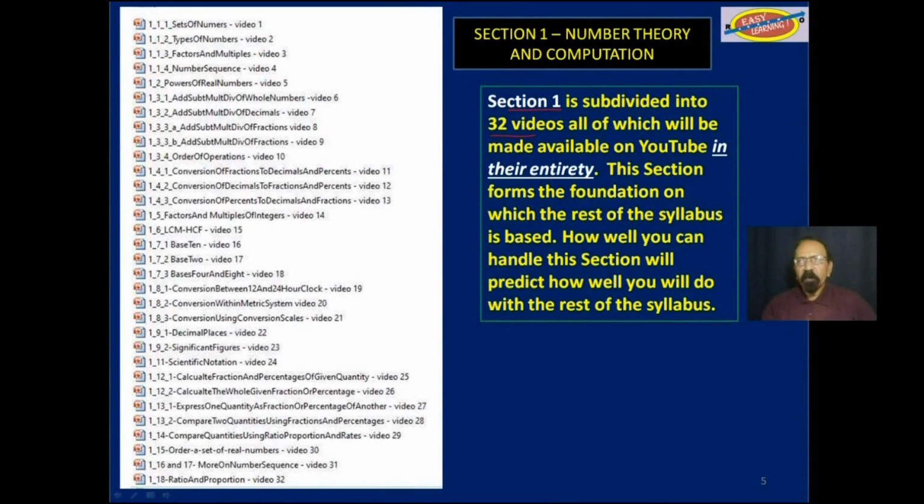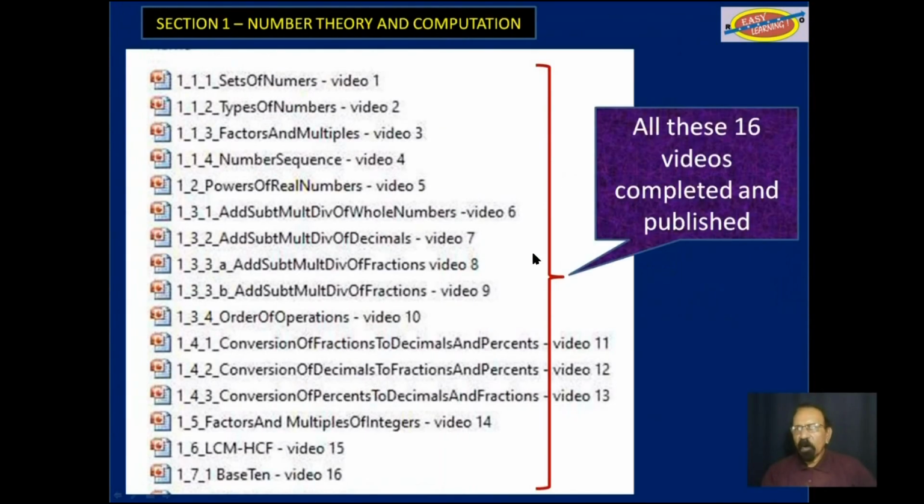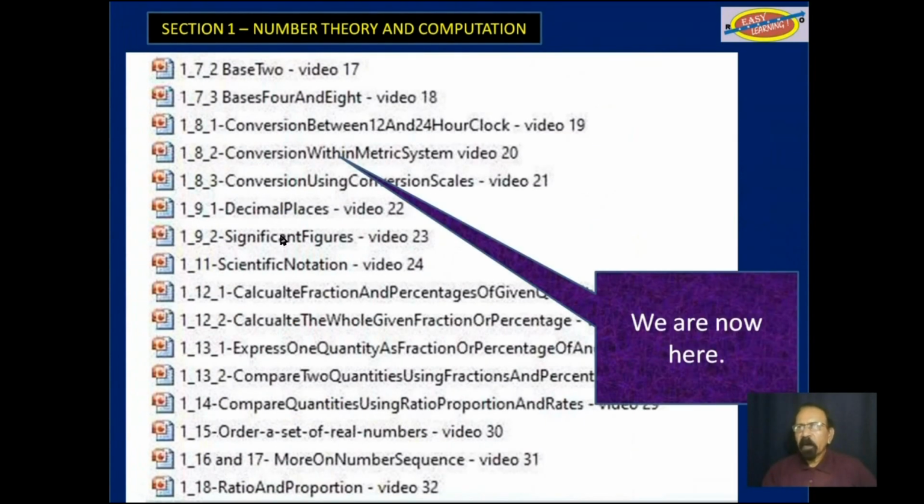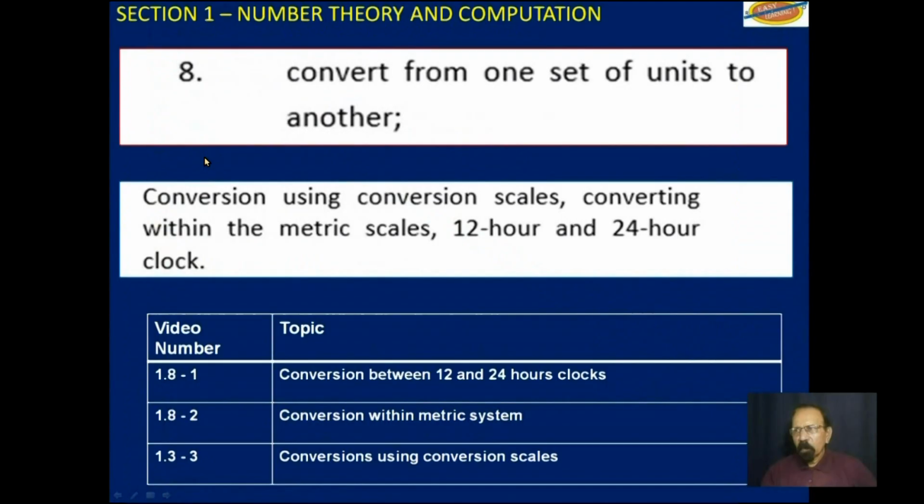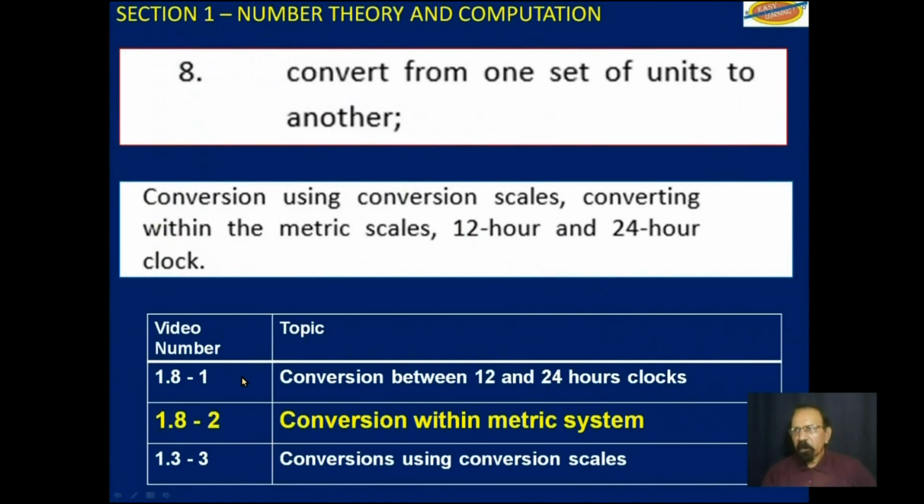As pointed out before, I have divided section 1 into 32 videos, all of which will be made available on YouTube in their entirety. So far we have covered all of these, up to video 16, and now we are here at video 20, objective 8, part 2.